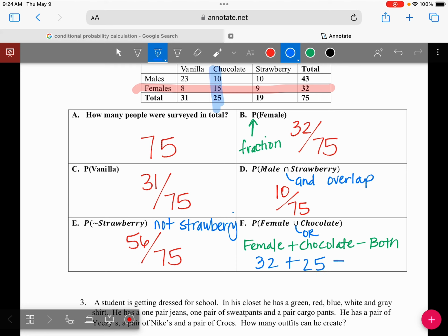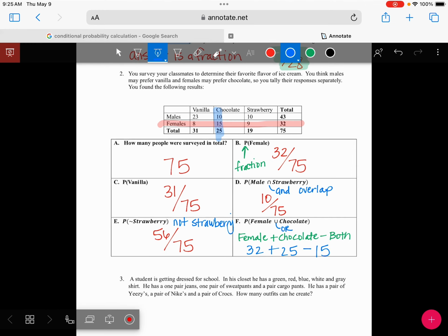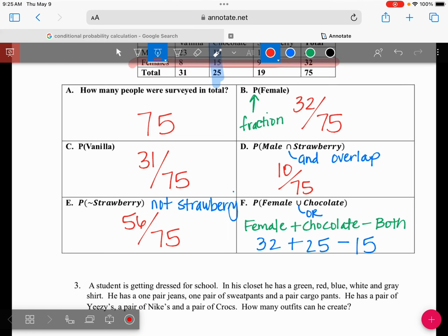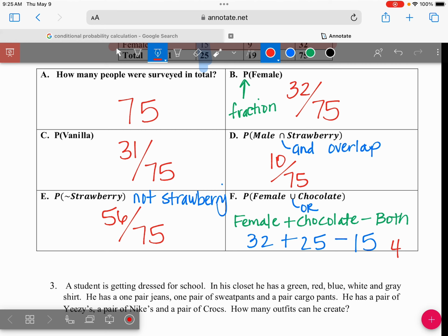So what number did I highlight pink and blue? 15. Pick up your calculators. Add 32 plus 25 minus 15. And you should get 42. So the answer, and I can't fit it in my box, is 42 over 75.